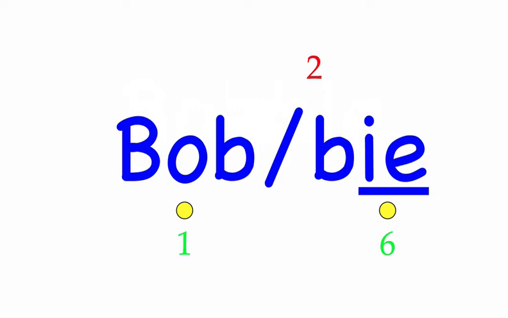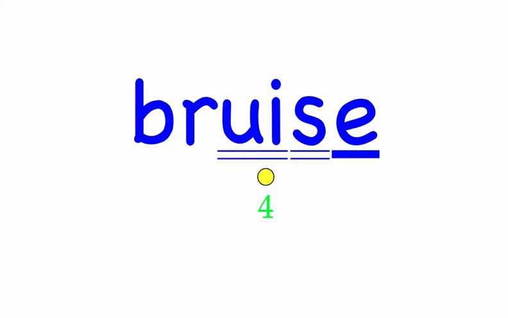Row 5. Bruise. I hit the wall and now I have a bruise. Bruise. 4 sounds. B, R, U, Z. Bruise. Mark the word. Piece. I want to slice a piece of the pie. Piece. 3 sounds.